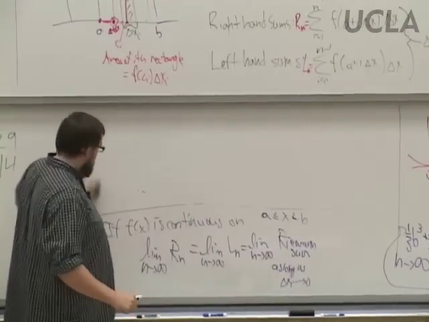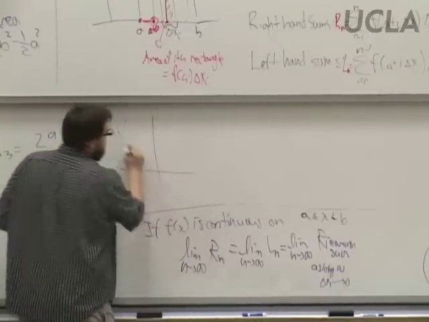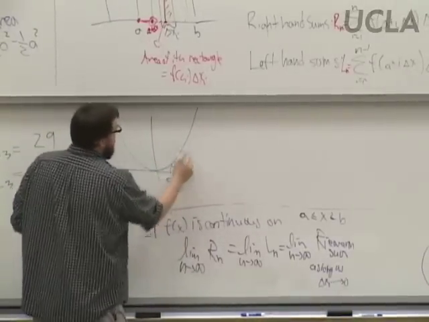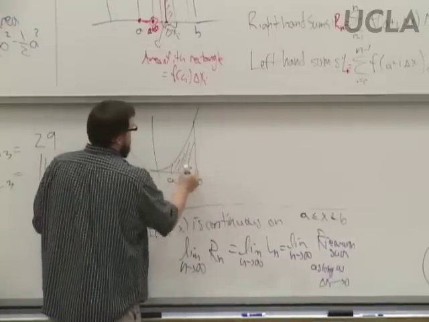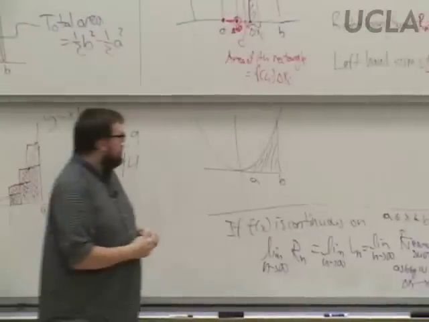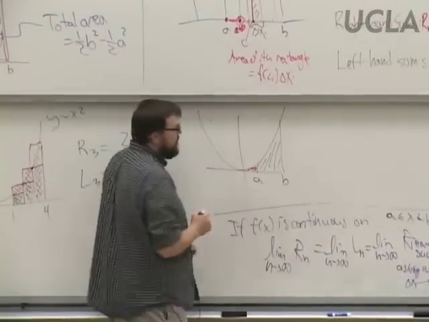Namely, suppose I start with my y equals x squared, and I go from A to B. And I ask, what's this area? Well, what can we do? We can say, well, I'll take the area from 0 up to B, no problem.